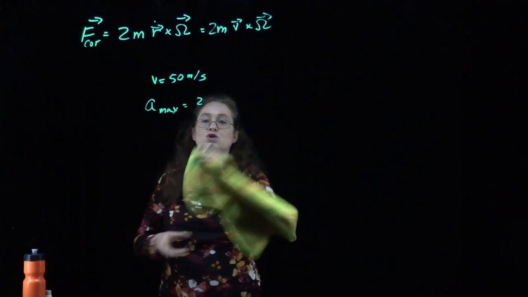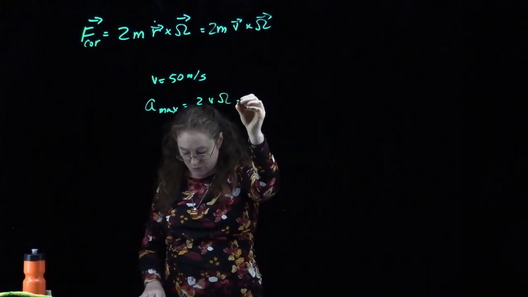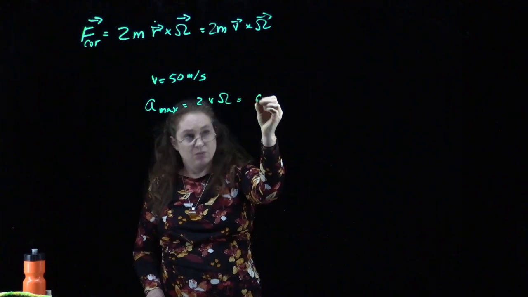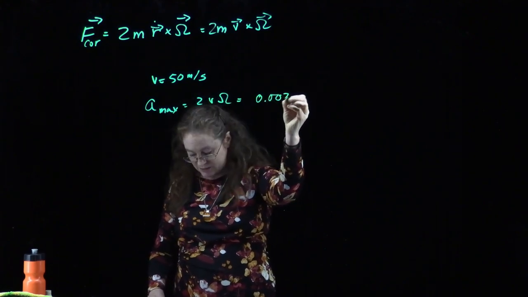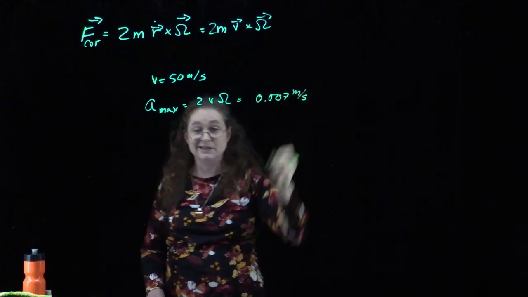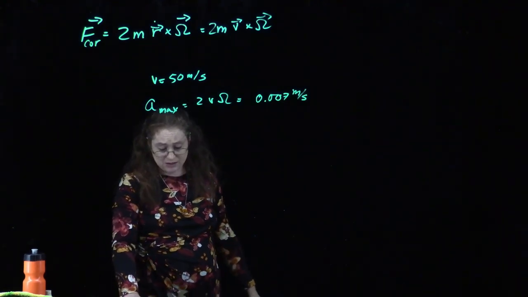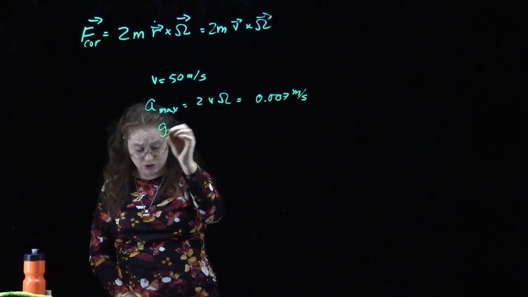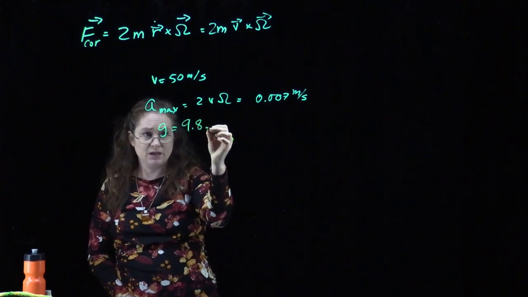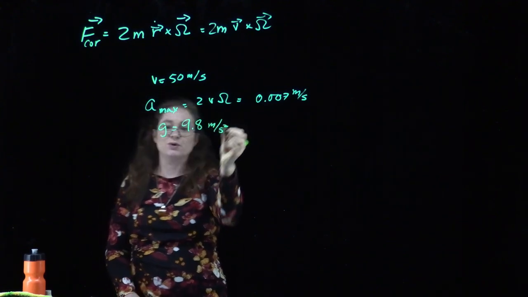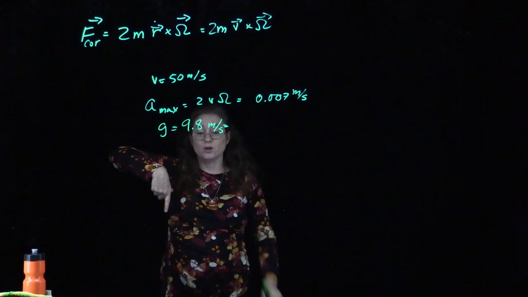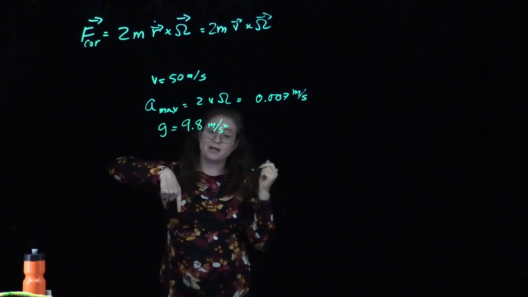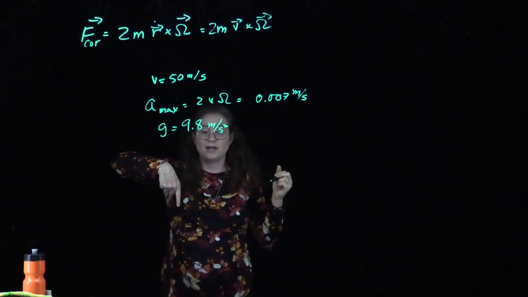The acceleration is 2v omega, which works out to be 0.007 meters per second squared. So that is very small relative to g, but it's important to note g moves this down, and what happens with the Coriolis effect is that it causes a deflection.